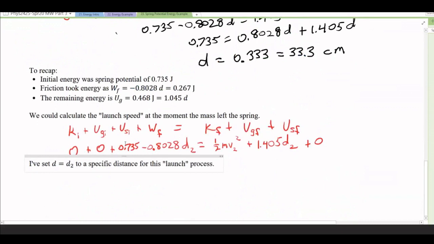So the spring energy goes from 0.735 to 0. But we have lost some energy due to friction because the entire surface in this scenario was rough. So we're going to lose that amount of energy due to friction. That amount of energy is going to go into gravity.